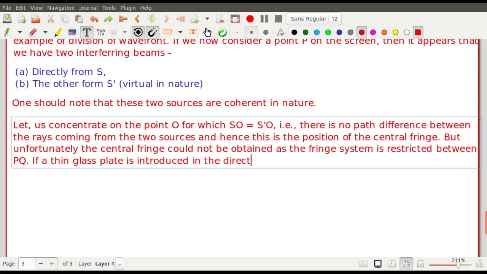I do it in the direct ray. If a thin glass plate is introduced in the direct ray, then the central fringe will be shifted.